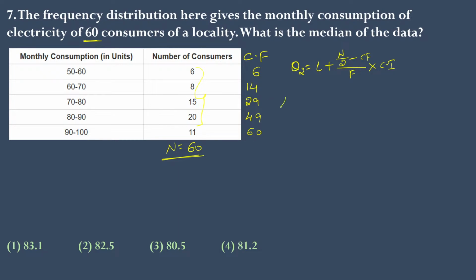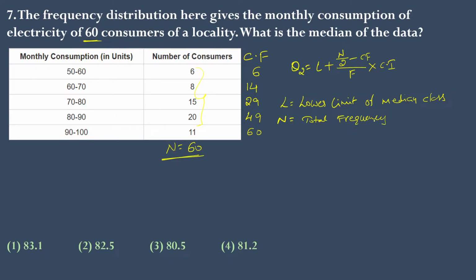L is the lower limit of the median class. N is the total frequency.